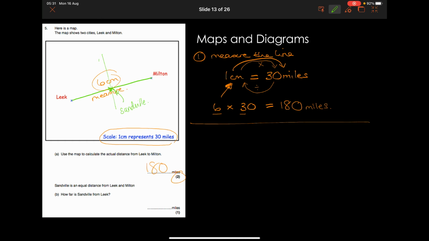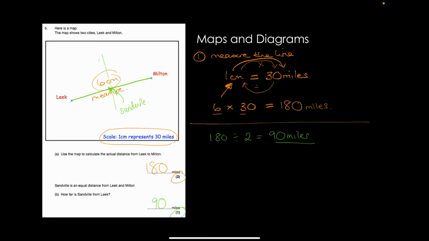If it's right in the middle, all I would do is 180 divided by 2, which is 90. So it's just 90 miles. That would go there and you get an extra mark for that. Not too bad really. I think you can understand that quite well. So let's move on.